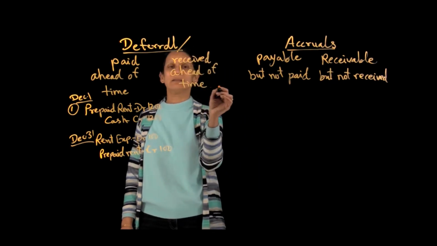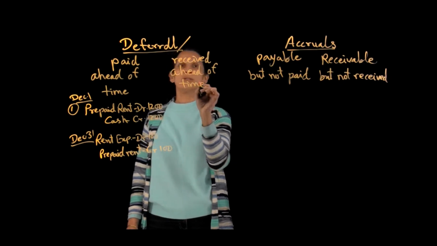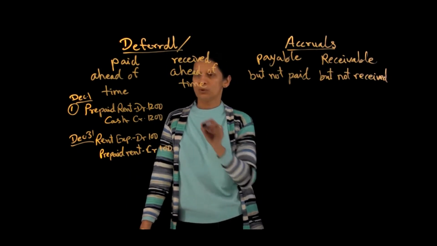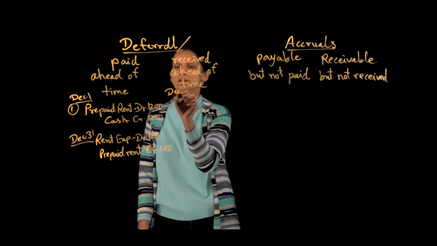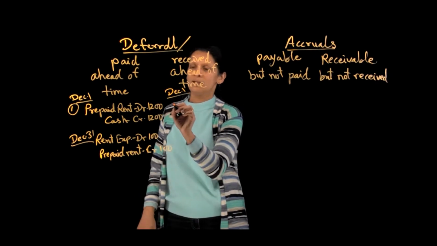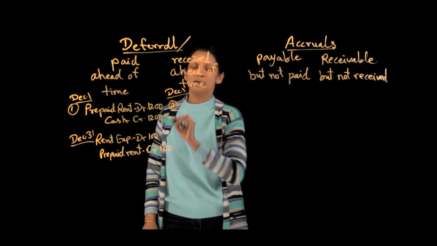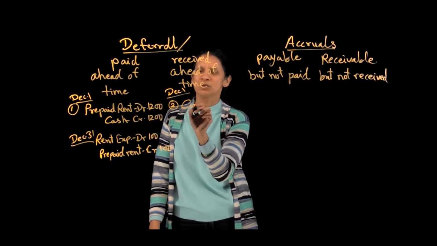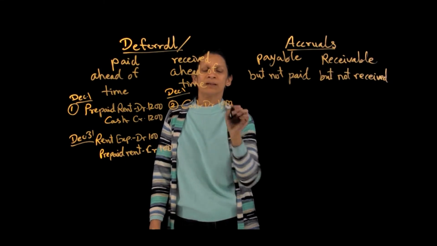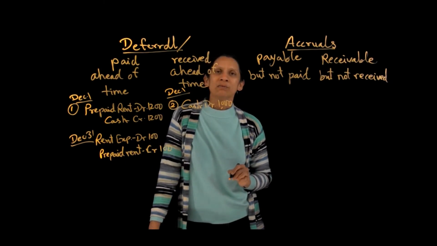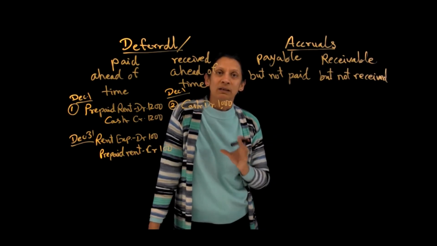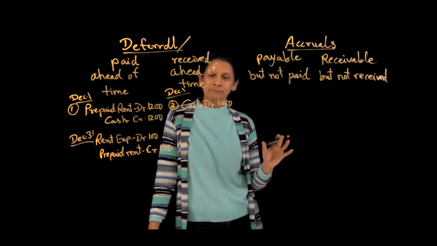Now let's take another example, which is a part of the second category, received ahead of time. Suppose again on the same day, December 1st, one of the customers had paid you ahead of time. So cash is debited, say $1,000. And the deal was that the project is to be completed in the coming 2 months.